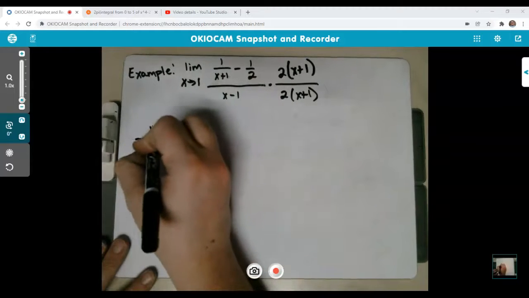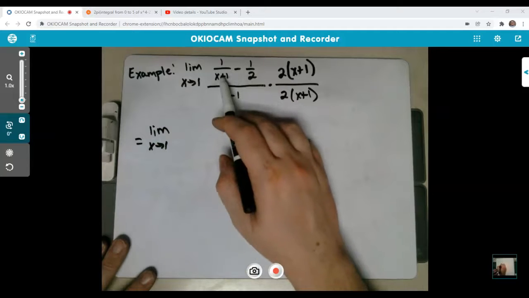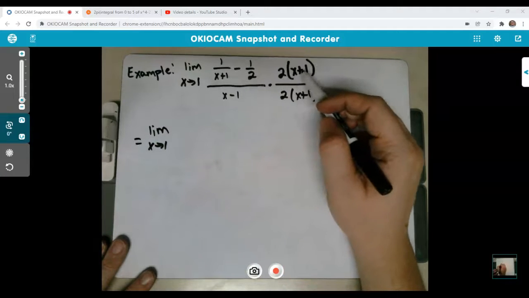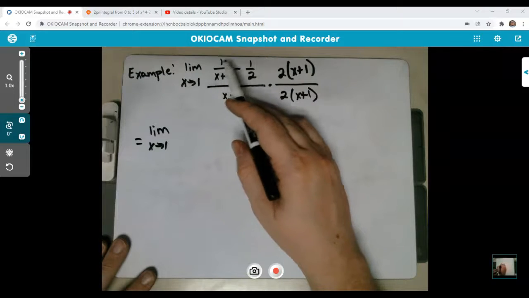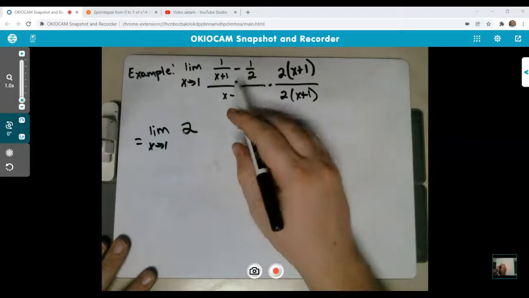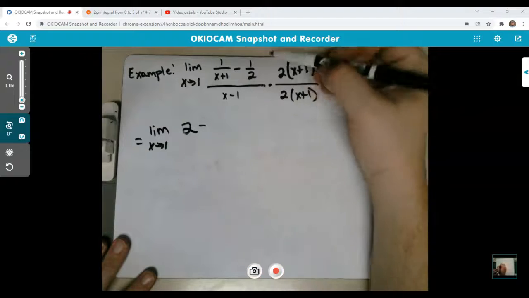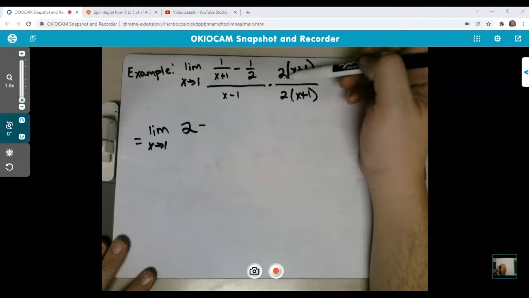So let's work this out. Limit as x approaches 1. 1 over x plus 1 times 2 times x plus 1. The x plus 1s will cancel out. So I'm left with just 1 times 2, which is 2, minus 1/2 times 2 times x plus 1. 1/2 times 2 is just 1.